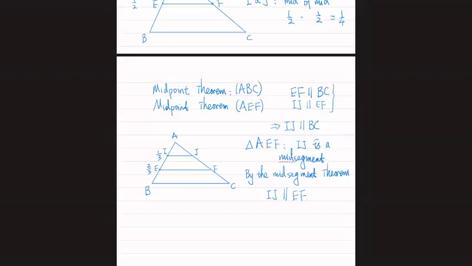Let's also find the 1/3 point. Maybe try to keep it precise. Let's label this IJK.